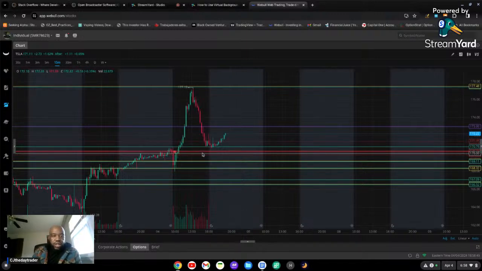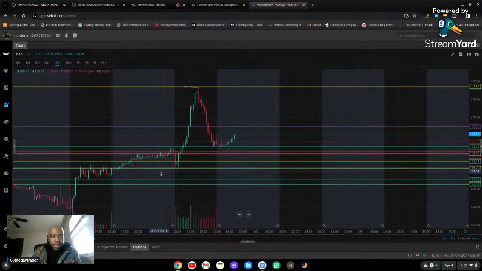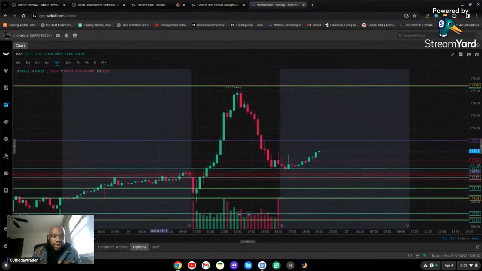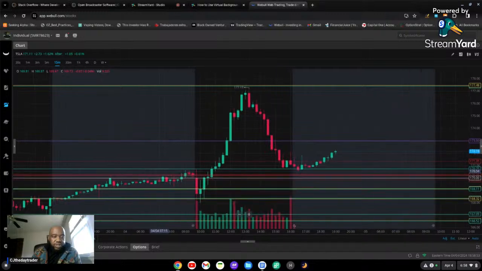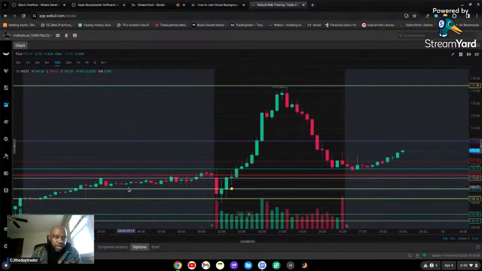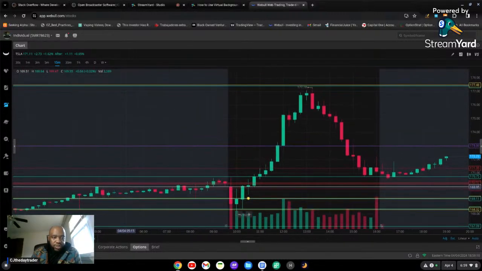So let's look at what happened in the pre-market, because pre-market gave us a lot of things that kind of dictated how the day went. And these were things that caught my attention. So we're looking at Tesla on the 15-minute chart. The main thing that stood out to me were these low-hanging wicks.